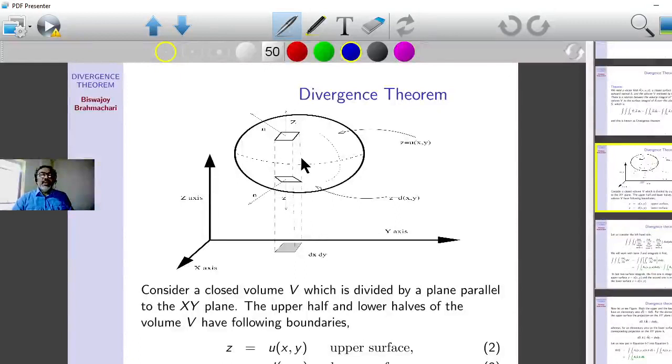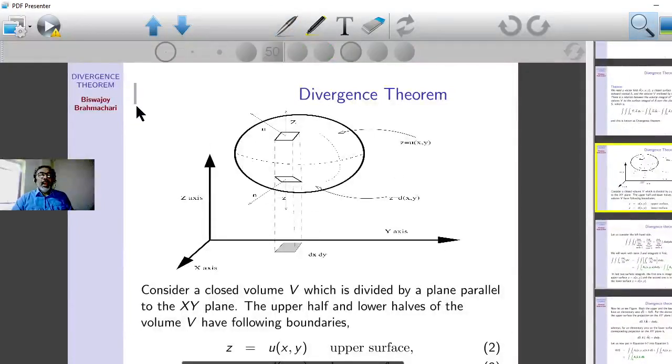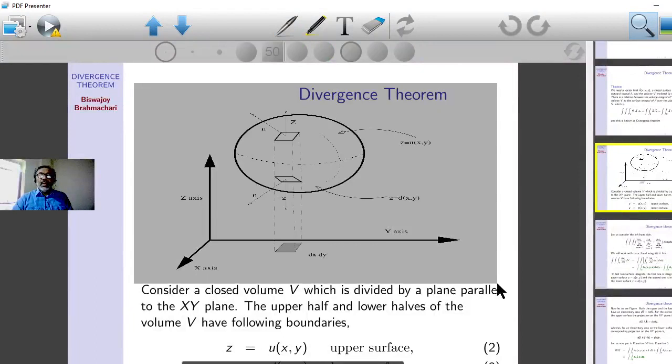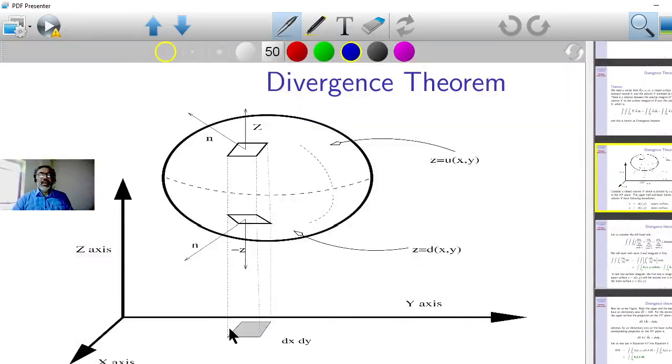To prove the divergence theorem, we have to consider this volume V. We have to draw a volume V, and in three dimensions, let us say we consider the Cartesian three-dimensional space, and we take a plane which is parallel to the xy plane, which cuts this volume into two halves, the upper half and the lower half.